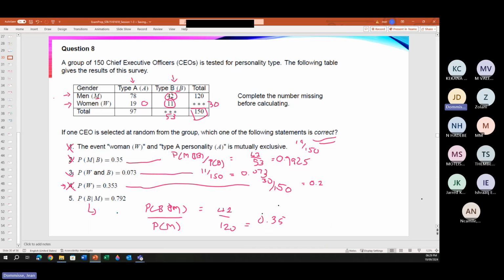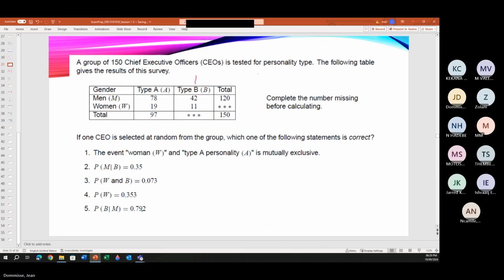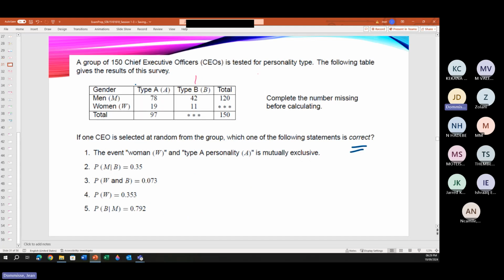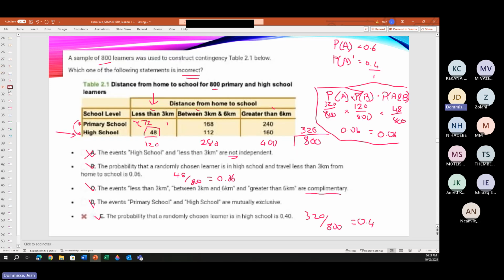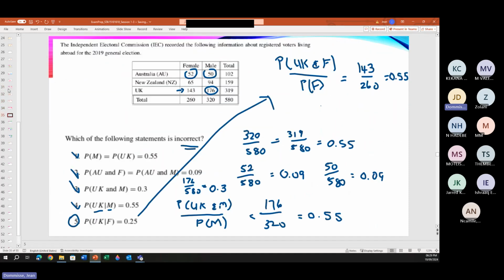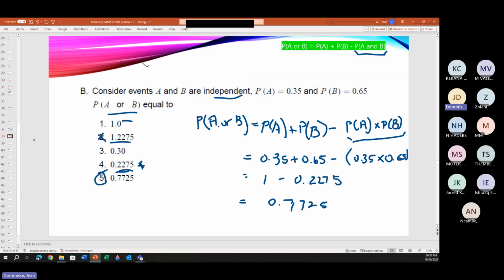I think it's exactly the same. This one was from one paper and this one was from another paper, so they definitely reuse questions. That is also why it is important to see previous papers, and I have some hard copies of previous exam papers that I will send you.